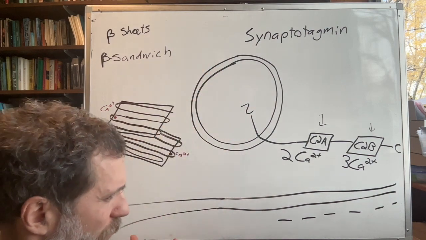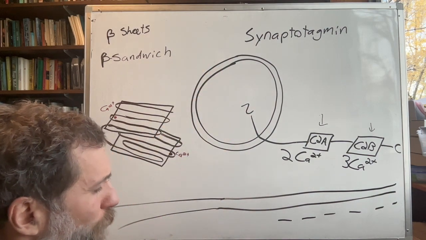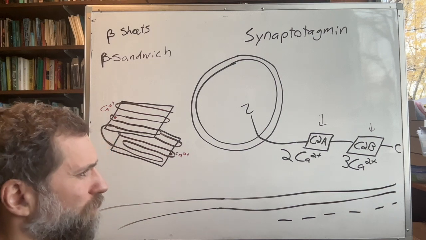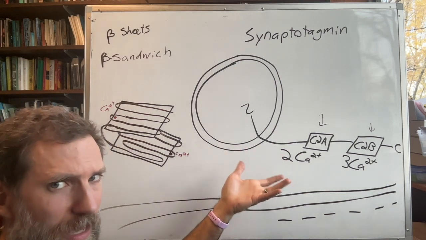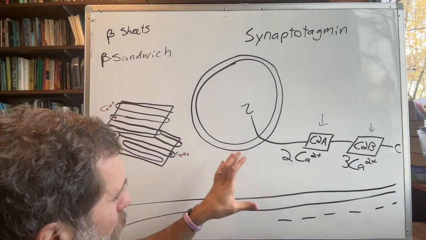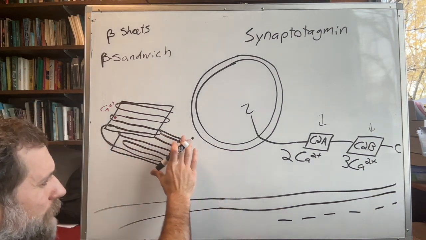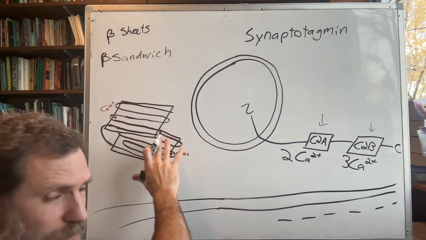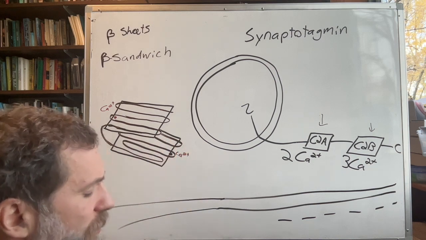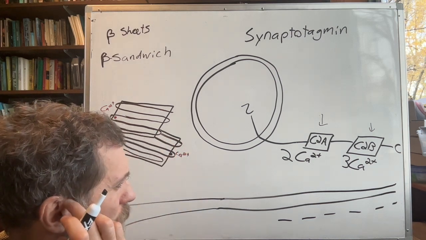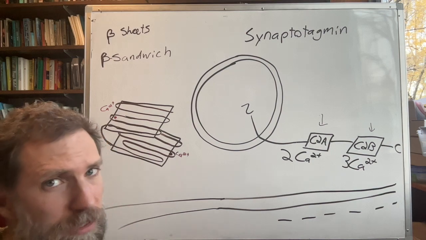Because this is the only thing that would naturally invoke a huge surge of calcium ions. So synaptotagmin isn't going to suck up calcium ions in the beta sandwiches unless there's a lot of calcium in the axon terminal. And that only happens when an action potential enters.